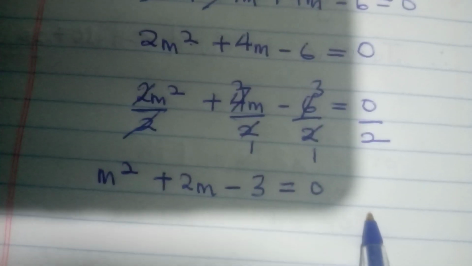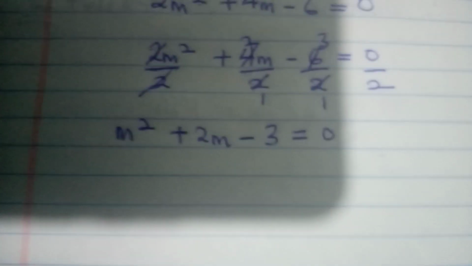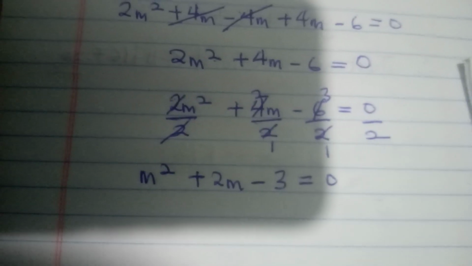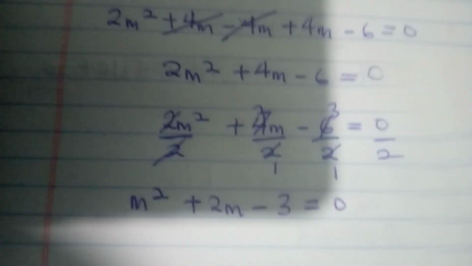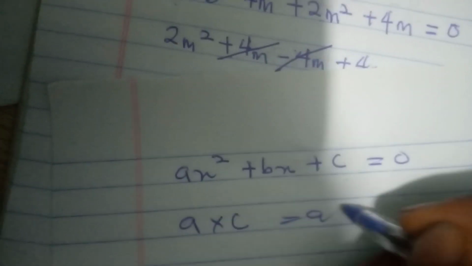As the final answer. Now, you want the value of m, and this is a quadratic equation. To solve a quadratic equation, we have to find the product of a and c. Now, this quadratic equation is ax squared plus bx plus c is equal to 0. So first find a times c, which is the ac.